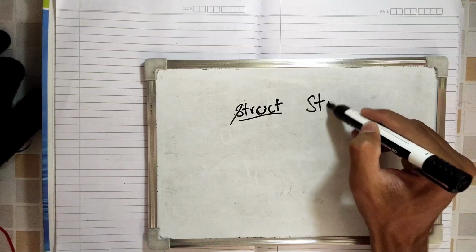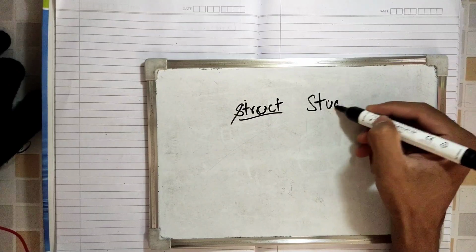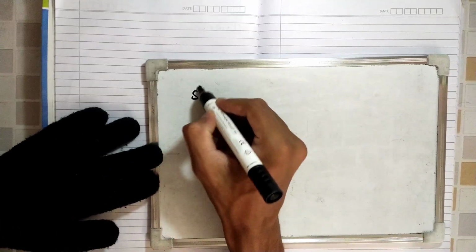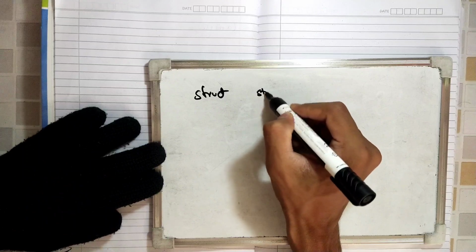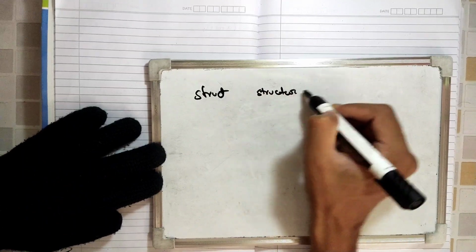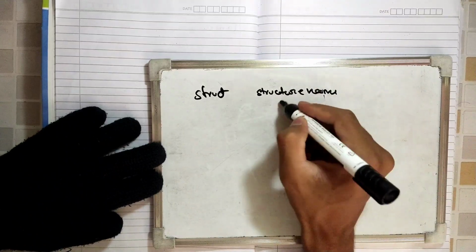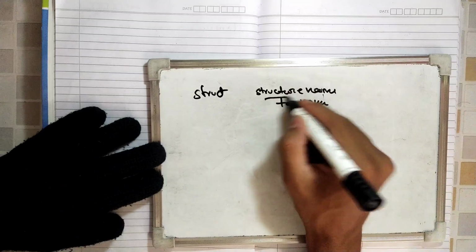Suppose struct student. Let me first write the syntax. This is the keyword struct, and here is the structure name, or tag name, anything we can call it.